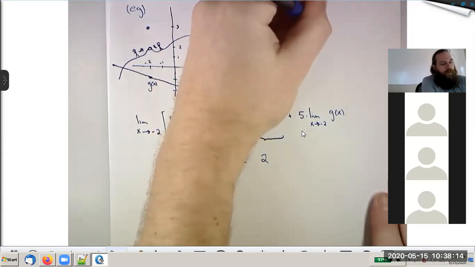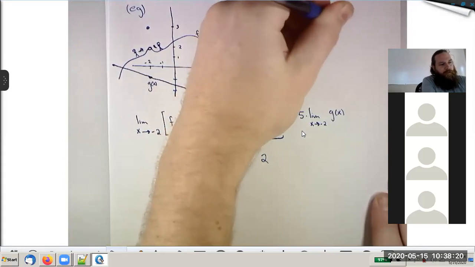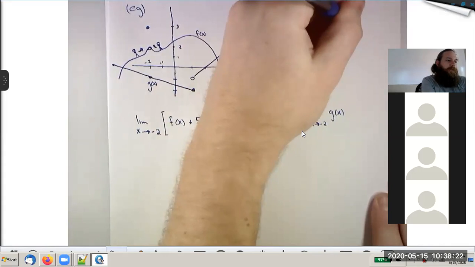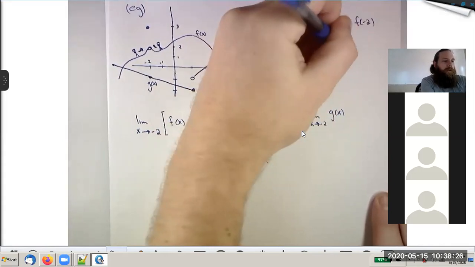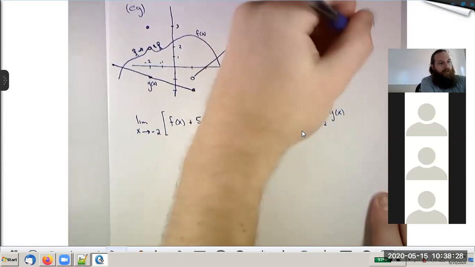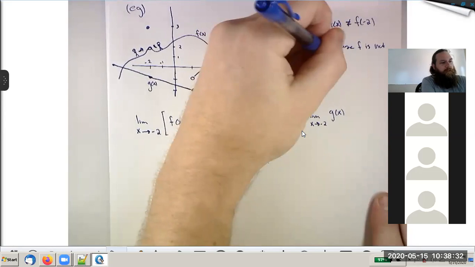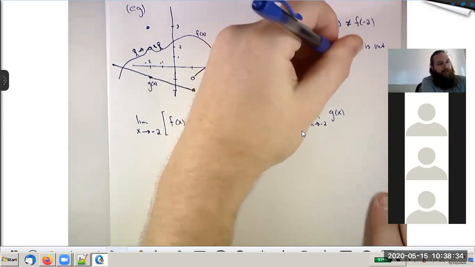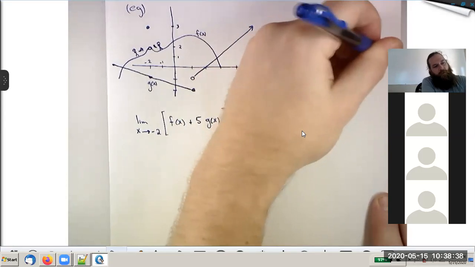the limit as x approaches negative 2 of f of x is not equal to f of negative 2 here. Why? Because f is not continuous at x equals negative 2.